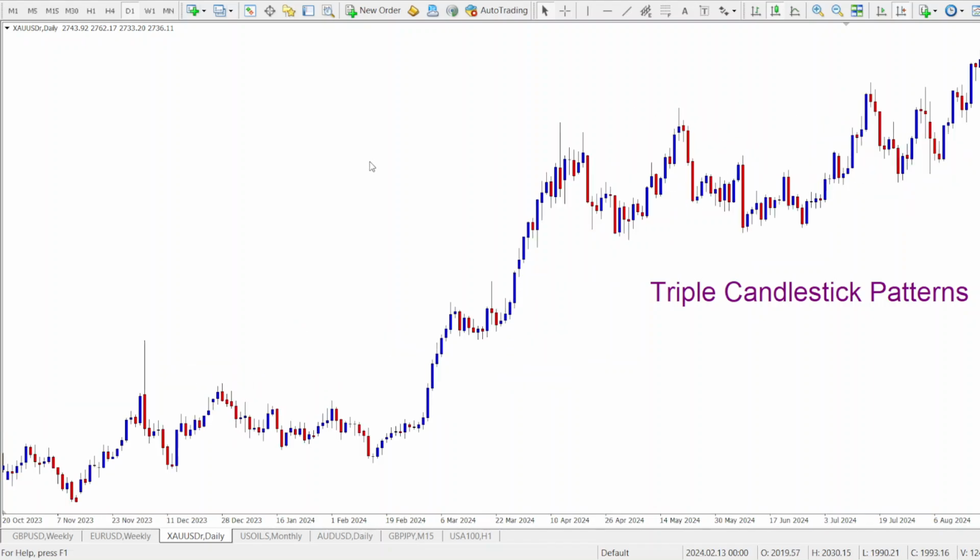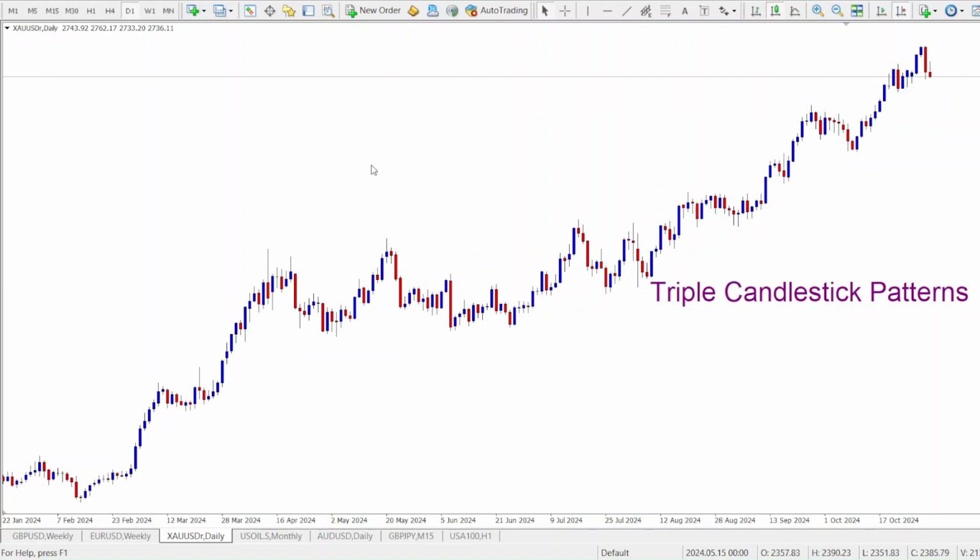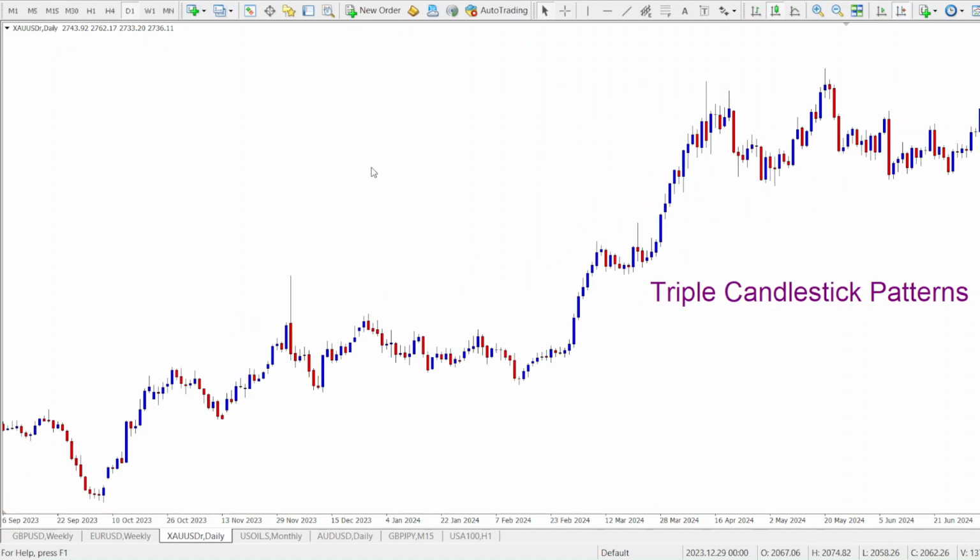So let's just search the chart for a morning star. All right, let's see. I think we have a morning star right about here.